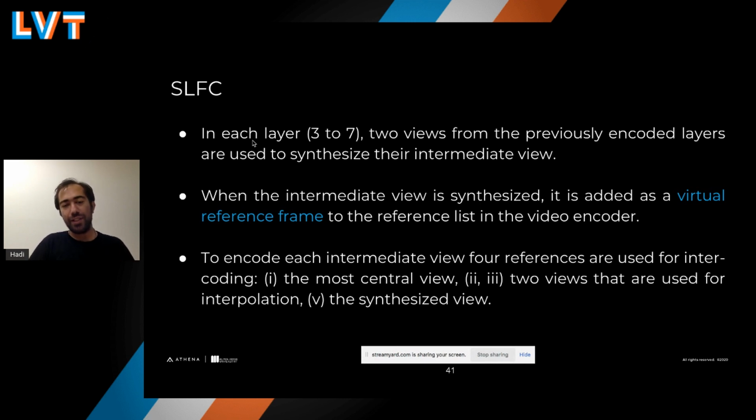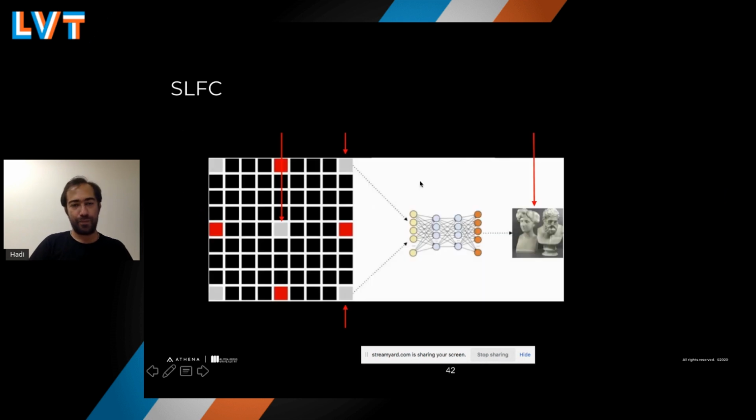Then to encode each intermediate view, 4 references are used for intercoding. Always the most central view, the 2 views that are used for interpolation, and the synthesized view. In this example, when we want to intercode the most right view, we always use the most central view, the top right and bottom right views that were used for interpolation, and the synthesized view.